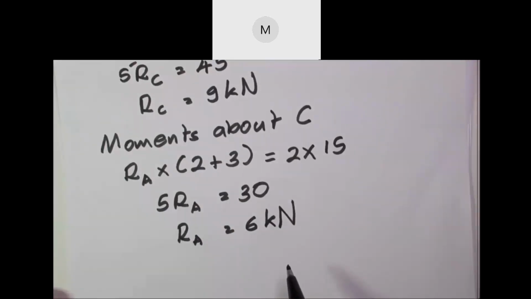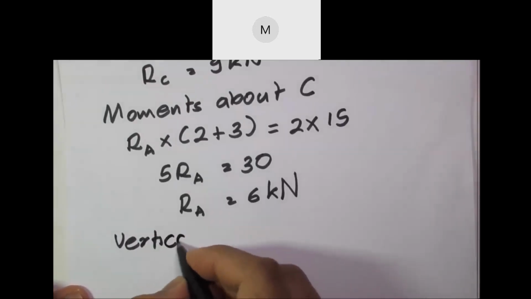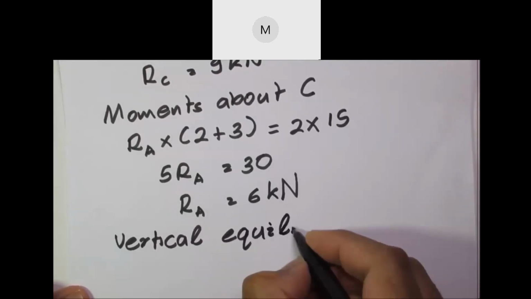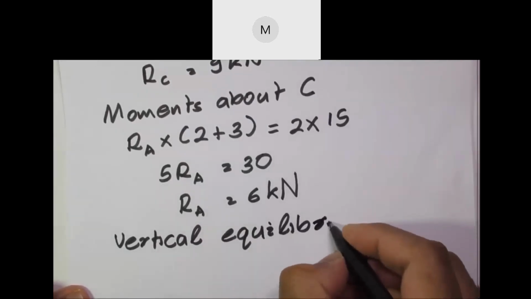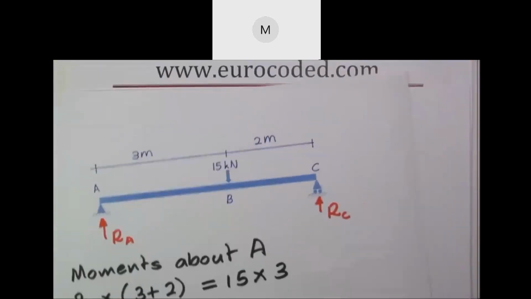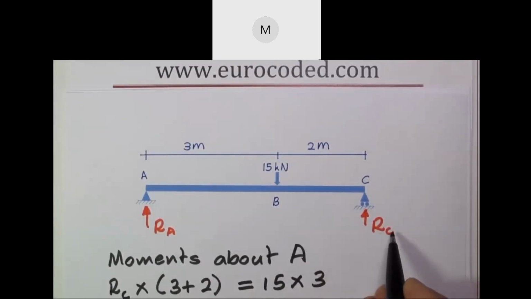Now what we need to do is undertake a check of vertical equilibrium to make sure that the results we derived are correct. For vertical equilibrium, when you add these two reactions, RA and RC should be equal to 15 kilonewton.